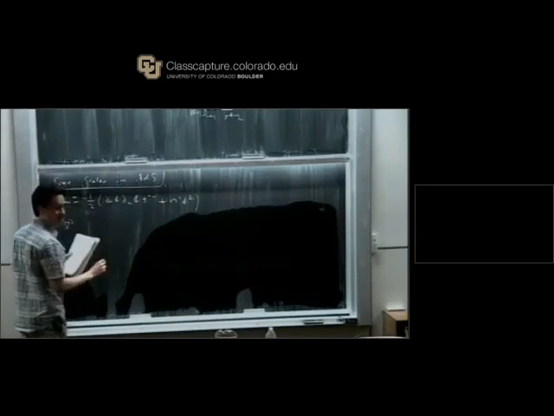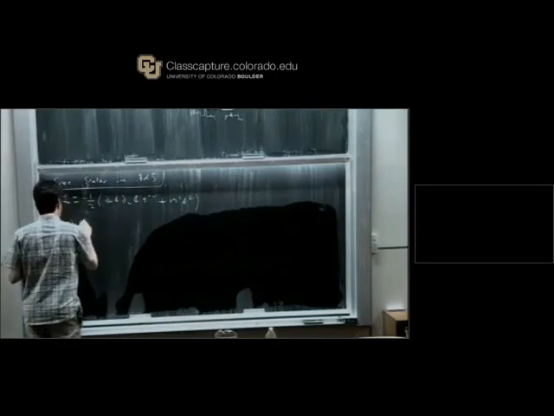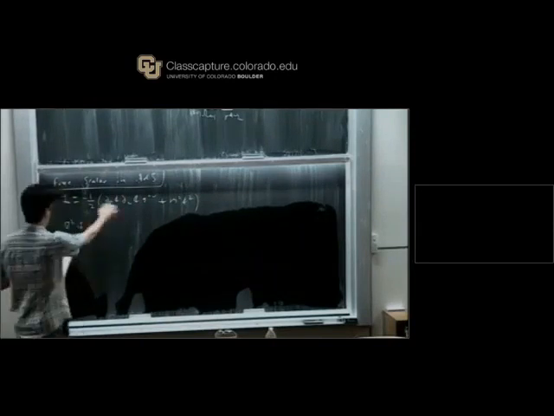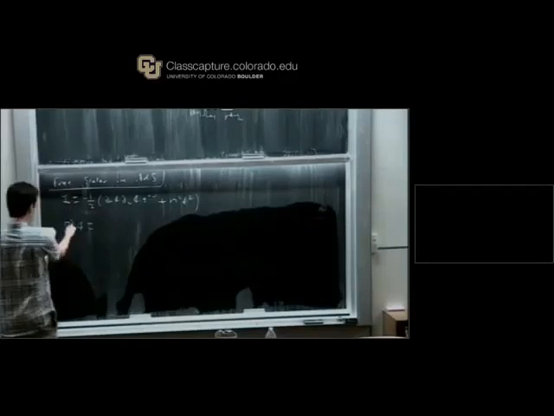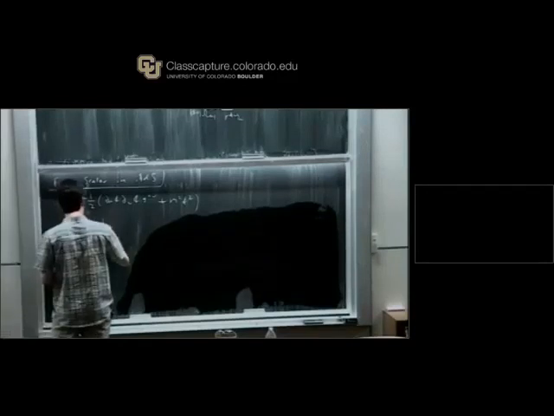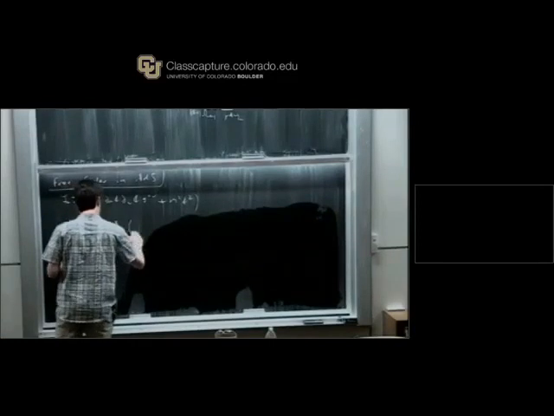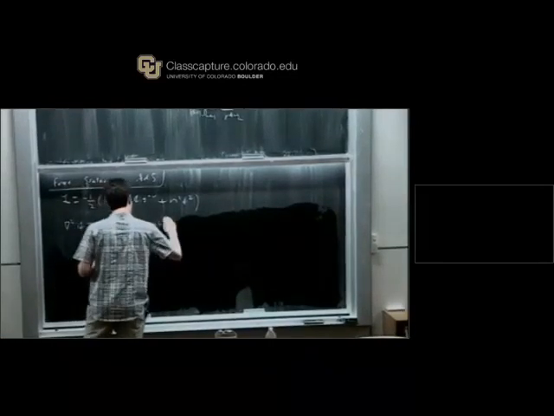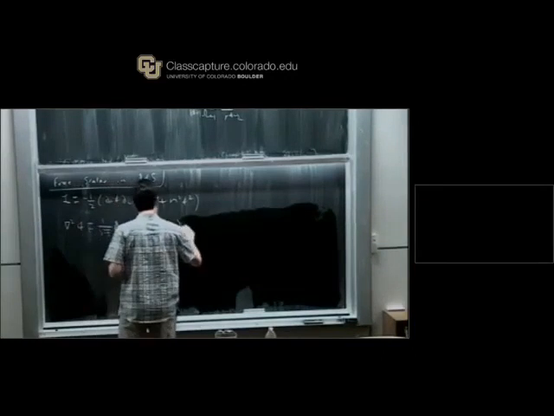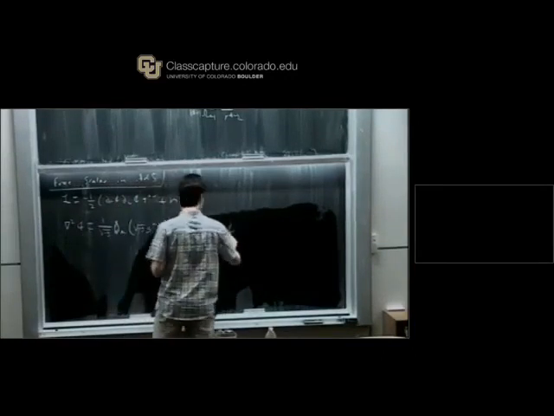Various particle physicists sometimes use an incorrect metric sign convention. So then the equation of motion that follows from this is that if we take the curved space Laplacian acting on phi, acting on phi is equal to m squared phi.